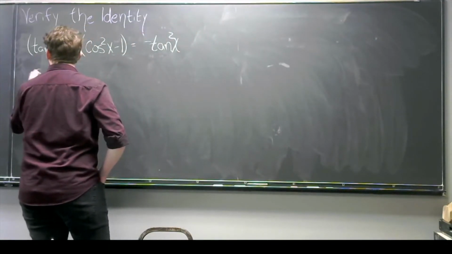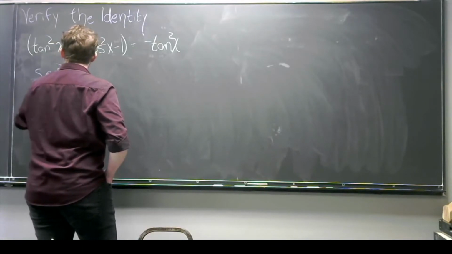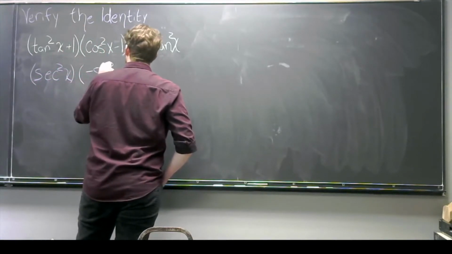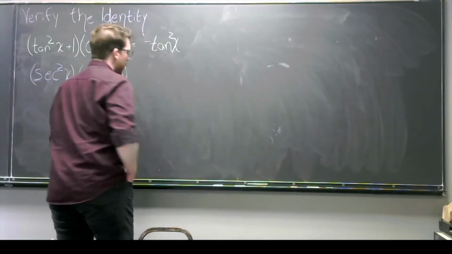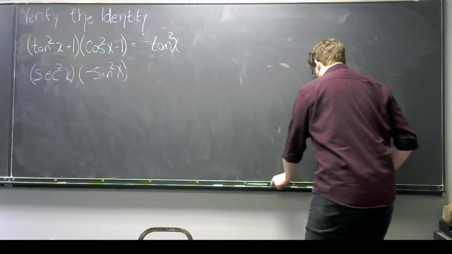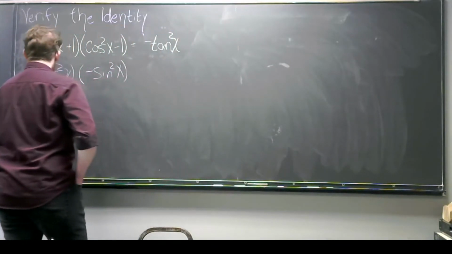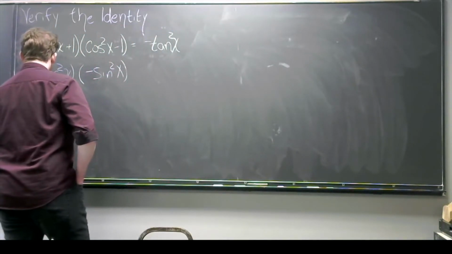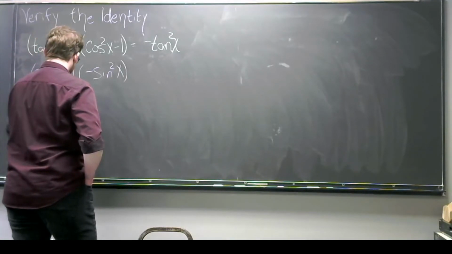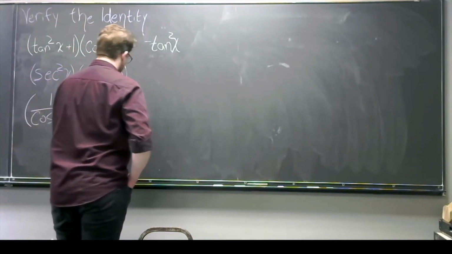So using that, we've got secant squared of x times negative sine squared of x. Well, secant is 1 over cosine, so what we've really got is 1 over cosine squared of x times negative sine squared of x.